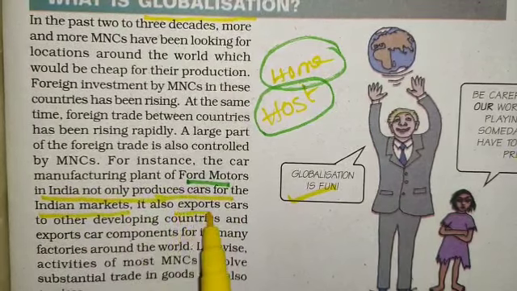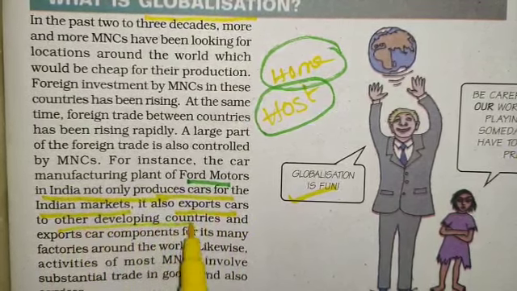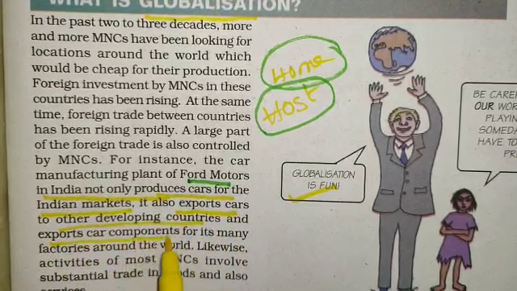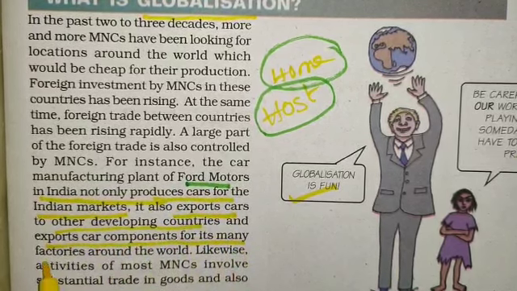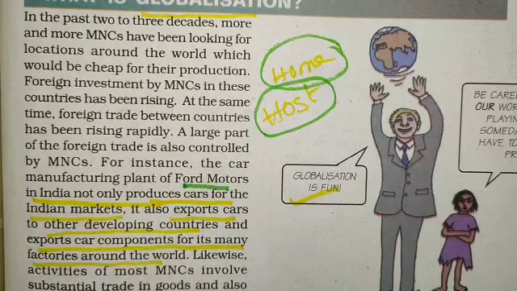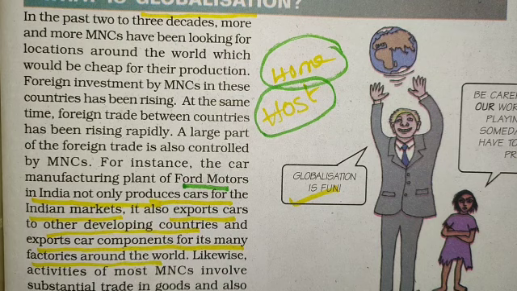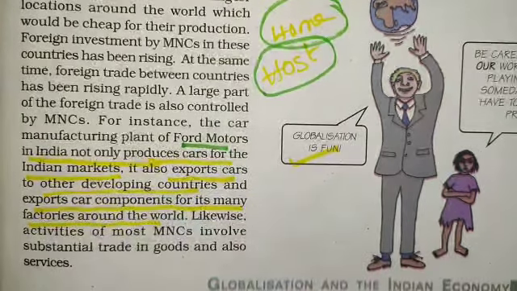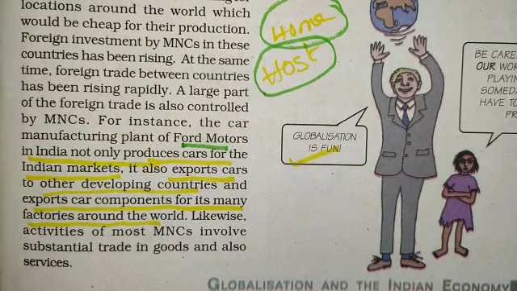It also exports cars to developing countries and exports car components to its many factories around the world. Likewise, activities of most MNCs involve substantial trade in goods and also services. They are offering not only goods, but services also.